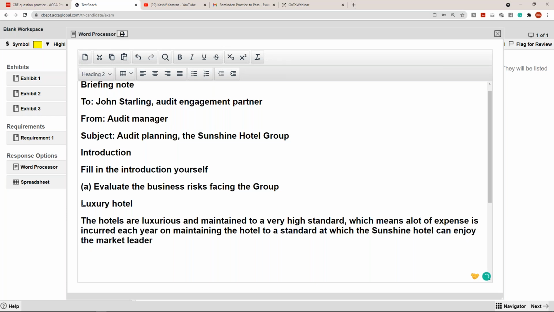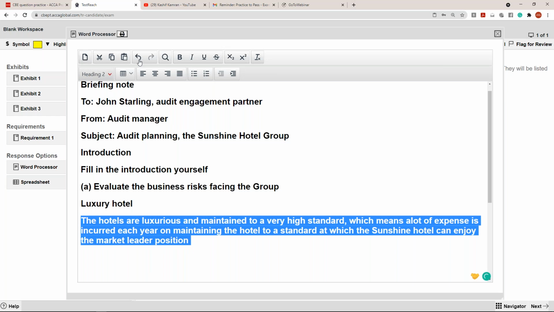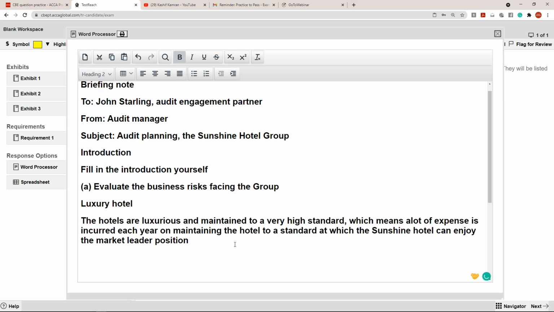Do they need to maintain the hotels to a standard to enjoy the market leader position they have currently? So a lot of expenses are incurred each year on maintaining the hotel to a standard at which the Sunshine Hotel can enjoy the market leader position.